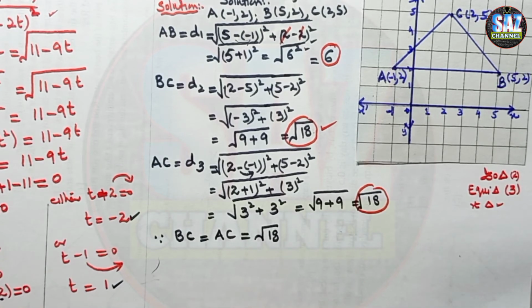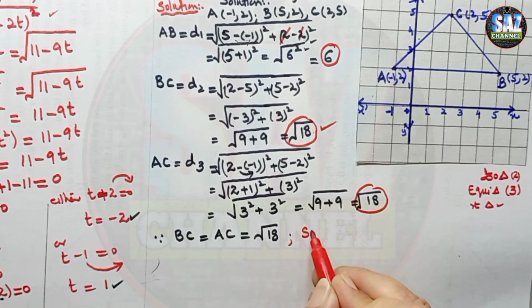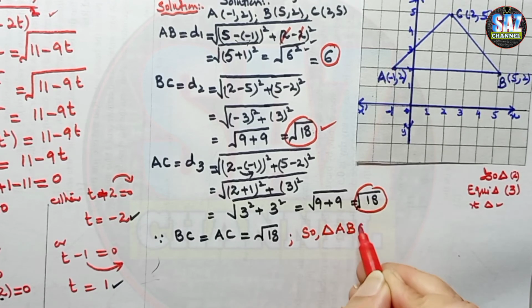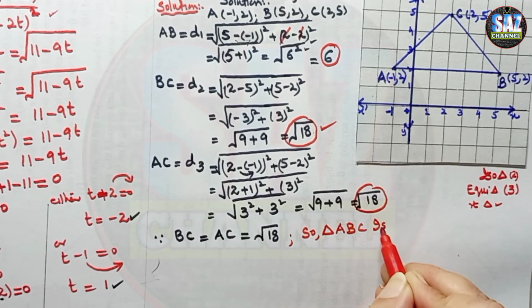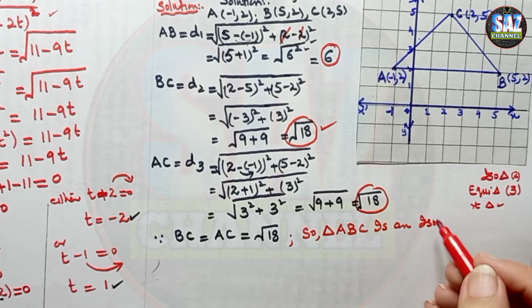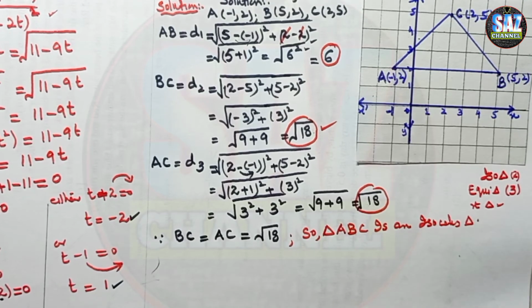So triangle ABC is an isosceles triangle. The first part is done, and I hope now you are clear how we will be deciding whether the triangle is an isosceles triangle, equilateral triangle, or right triangle.